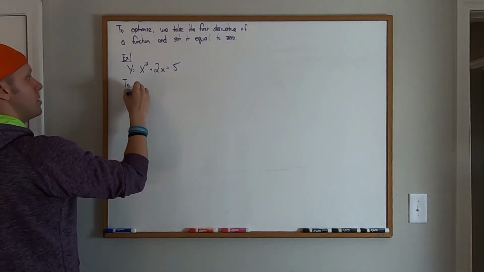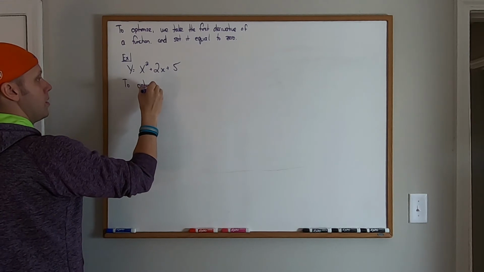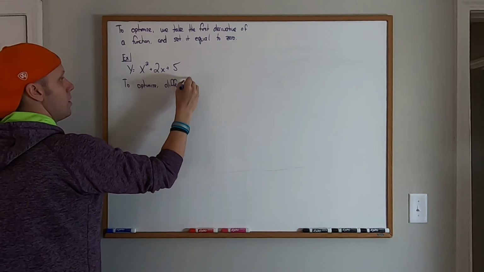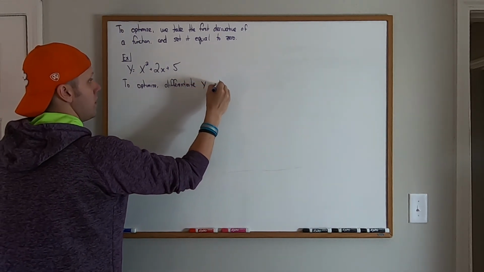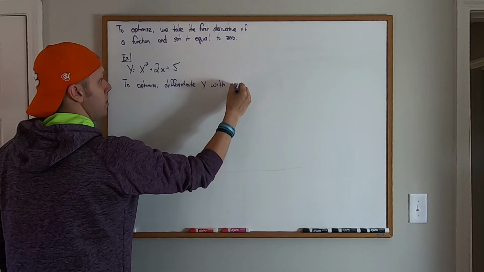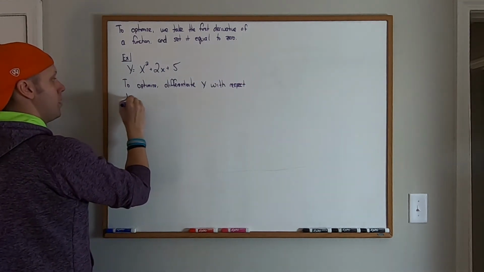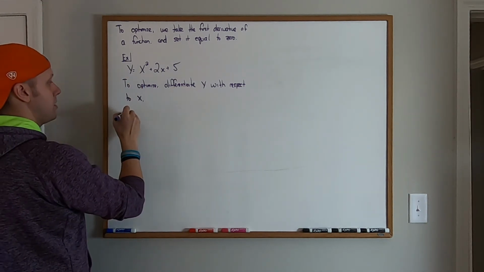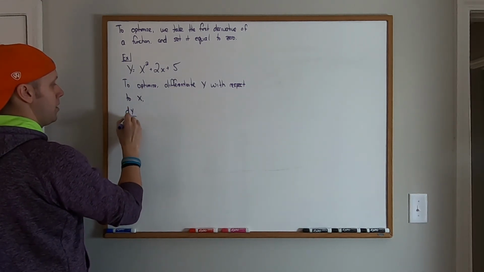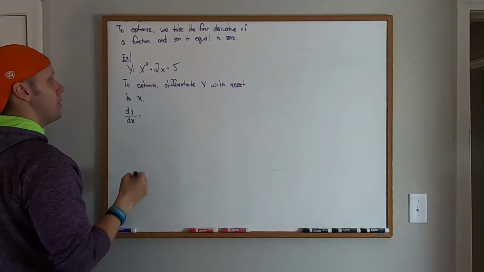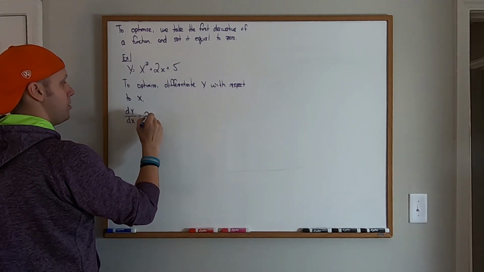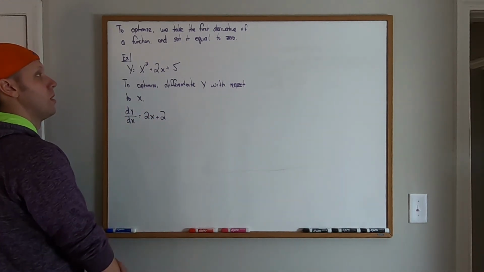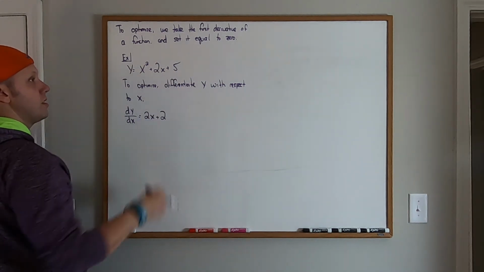So to optimize, first, I will differentiate y with respect to x. What's the derivative of this? The derivative is going to be 2x plus 2, because that 5 differentiates to 0. That 5 is a constant.